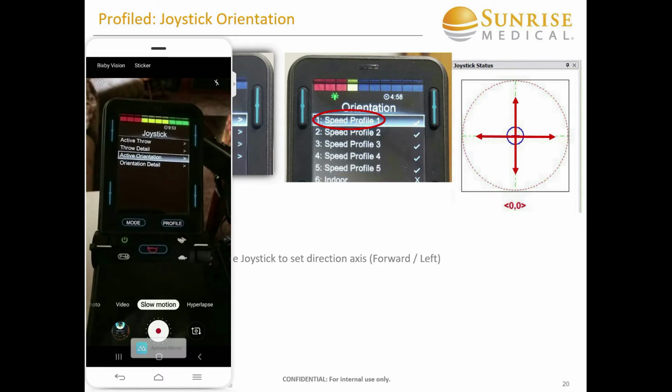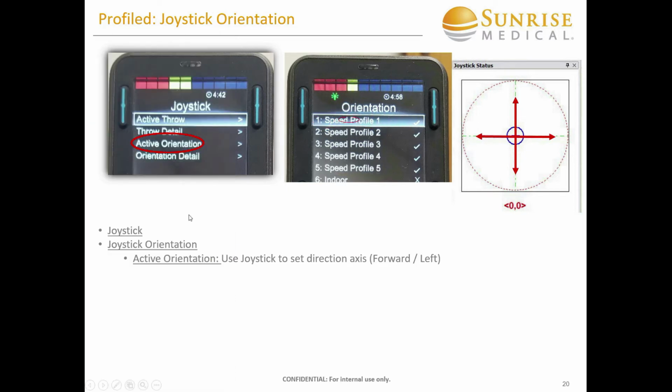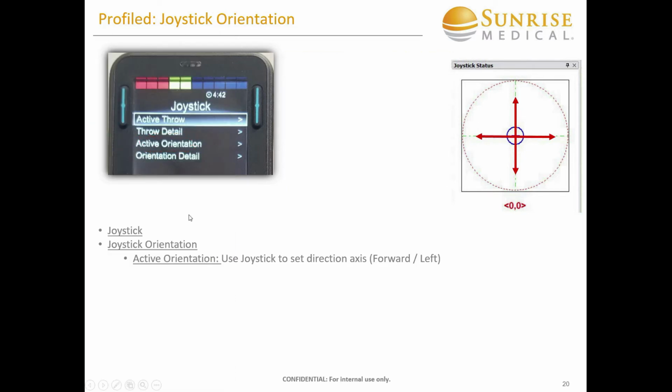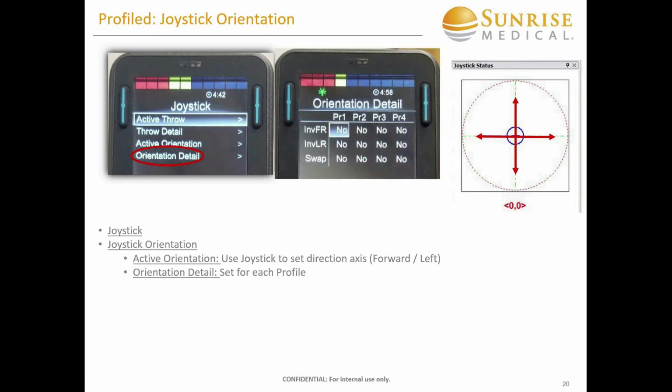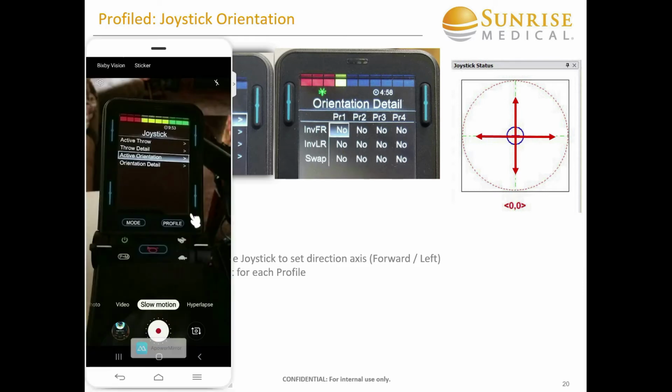The second one we have is orientation detail. Now this is something you can set up manually in the chair so that you do not need to actually move the joystick to do that. Okay, and in this case, we'll move again back to our joystick.